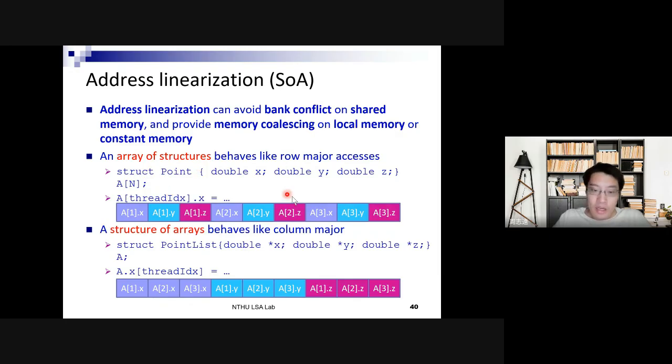Although it's less trivial for the programmer, because of how the hardware functions, the latter case actually provides better performance. So this is what we call address linearization. You have to check the memory pattern and the memory layout to make sure it is really optimized without striding.